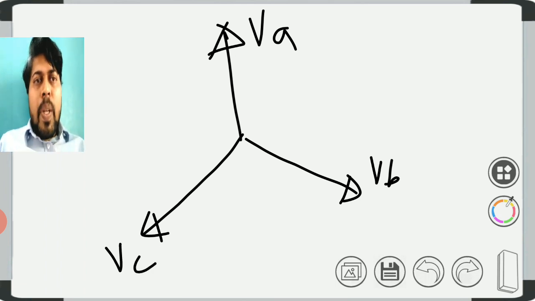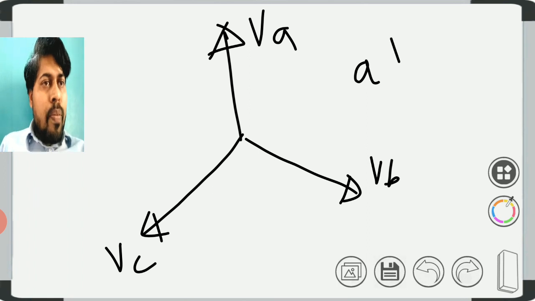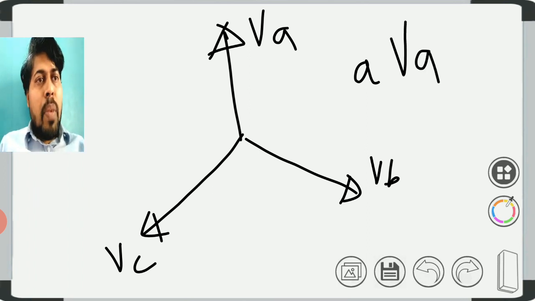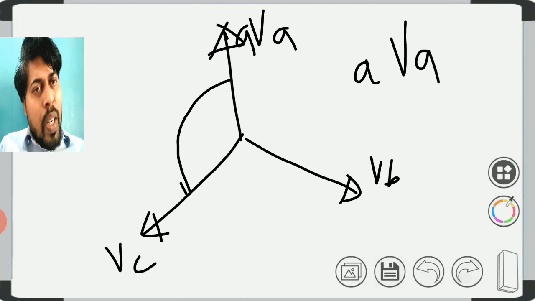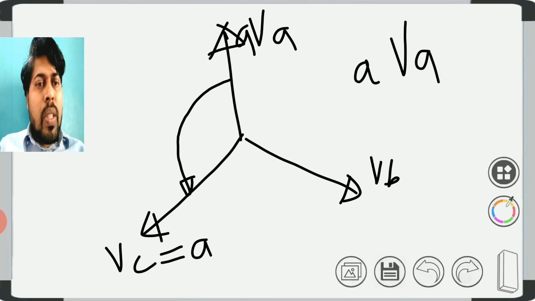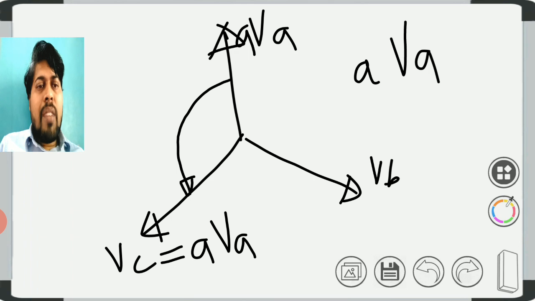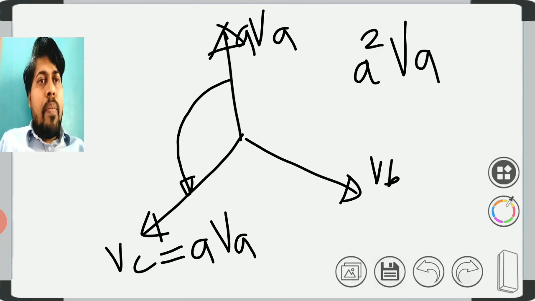If I use the A operator and take VA as a reference phasor, and multiply A to VA, that will rotate by 120 degrees and come to the place of VC, and hence VC becomes A into VA. It means that I can express VC in terms of VA if I take VA as a reference phasor.